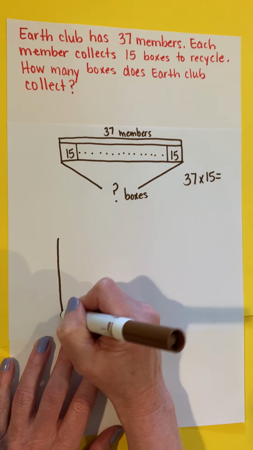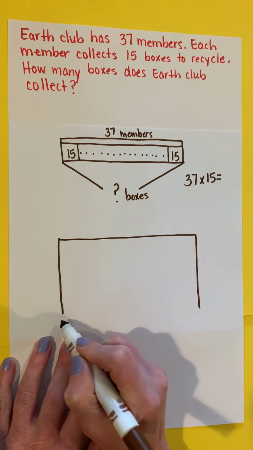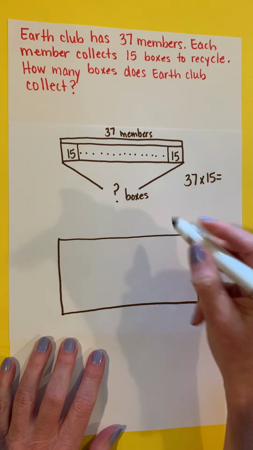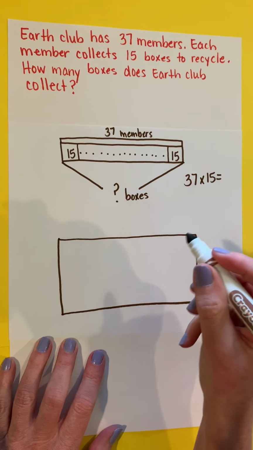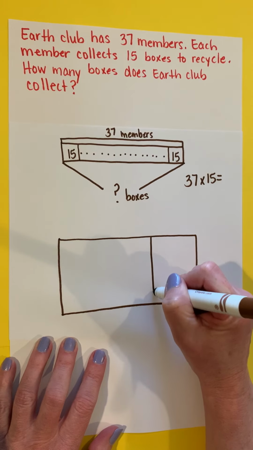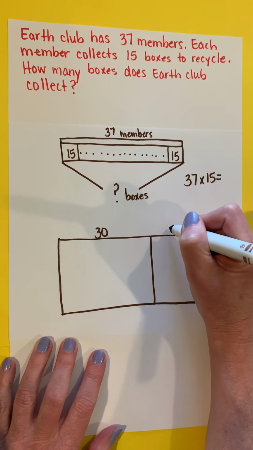When I draw my area model, I want to make sure that it's representative of the size of tens and ones. And by that I mean, when I'm taking my 37 and thinking about that in expanded form, I know that 3 tens or 30 is greater than 7 ones.